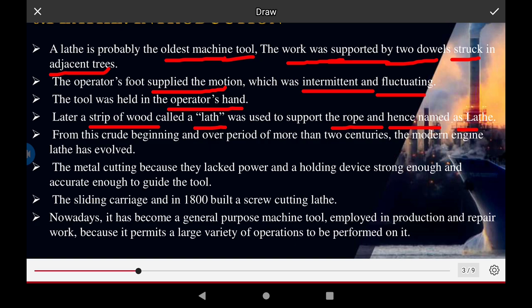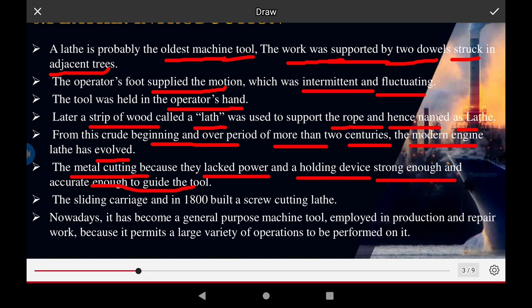Over a period of more than two centuries, the modern engine lathe evolved. Metal cutting became possible with adequate power, strong enough holding devices, and accurate enough guides for the tool.